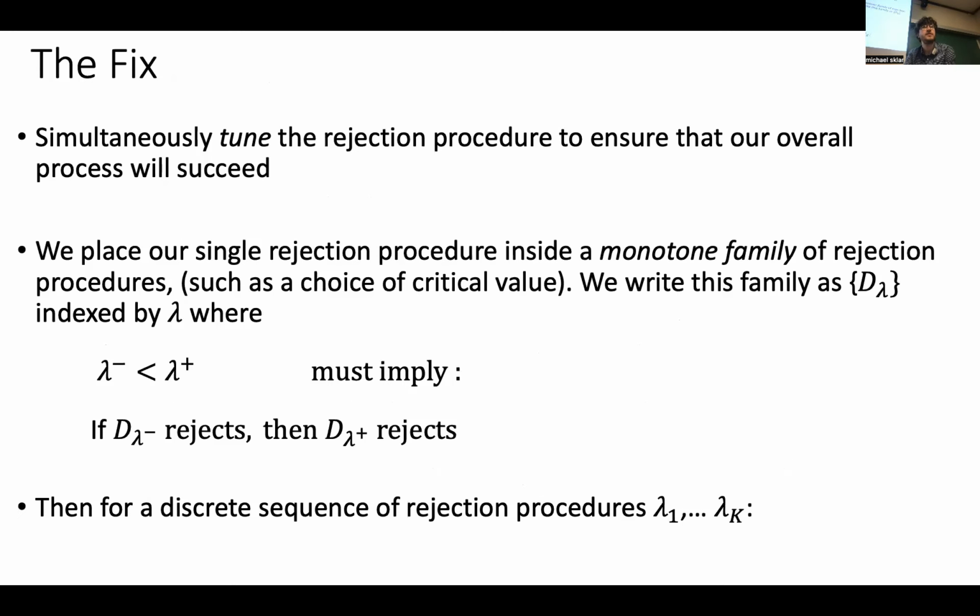And my proposal here would be that we don't anymore consider our procedure as just a fixed procedure, but we try to tune it. We put it within a family of procedures, as if we've got, say, a critical value. And let's index it now by some parameter lambda, which gives us a whole family of rejection procedures.